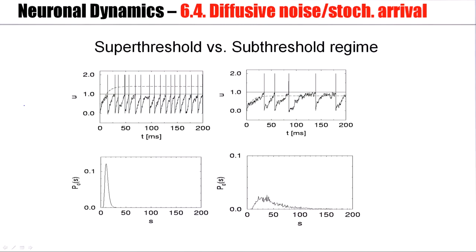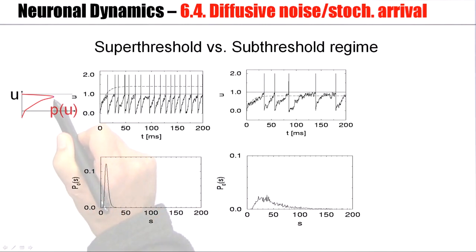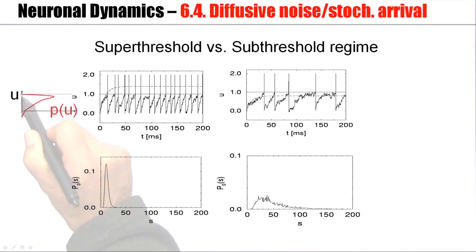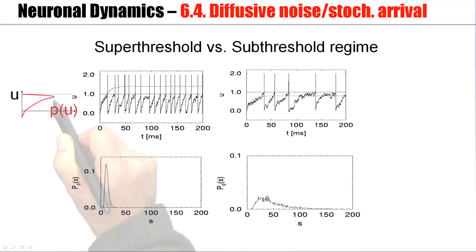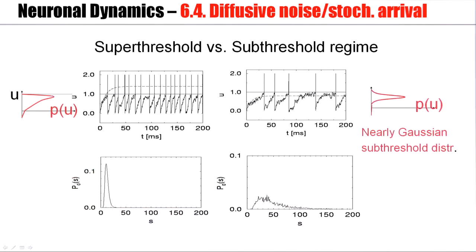So if you go back for a moment to the superthreshold and subthreshold discussion that we did last week, then we see in the superthreshold regime, a lot of density is just below the threshold. The density at threshold is zero. The distribution is highly non-Gaussian. Whereas in the subthreshold regime, the distribution is nearly Gaussian.